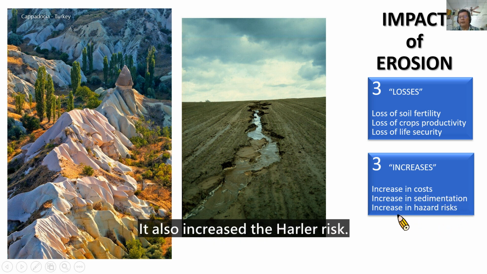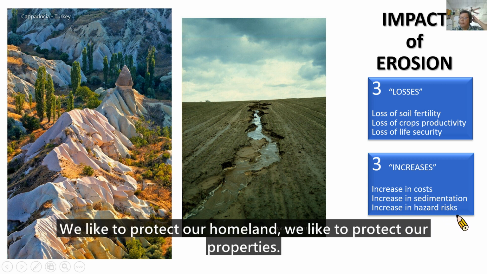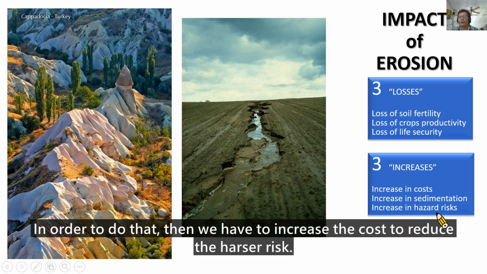It also increases the hazard risk. We like to protect our homeland. We like to protect our properties. In order to do that, we have to increase the cost to reduce the hazard risk.